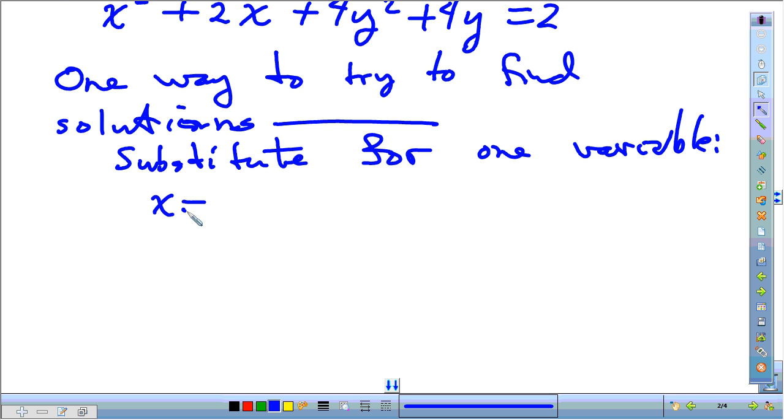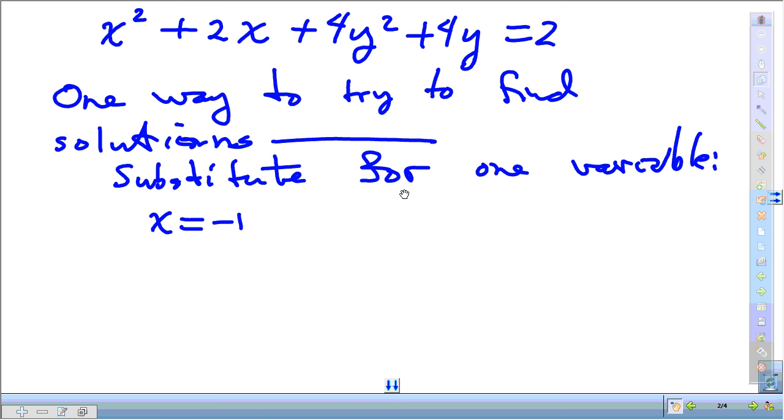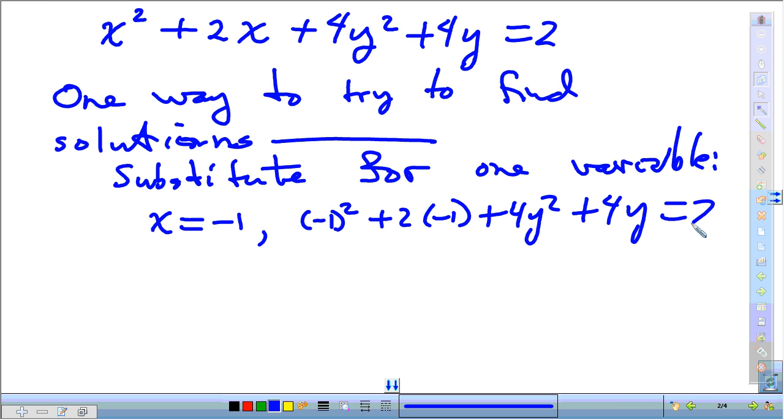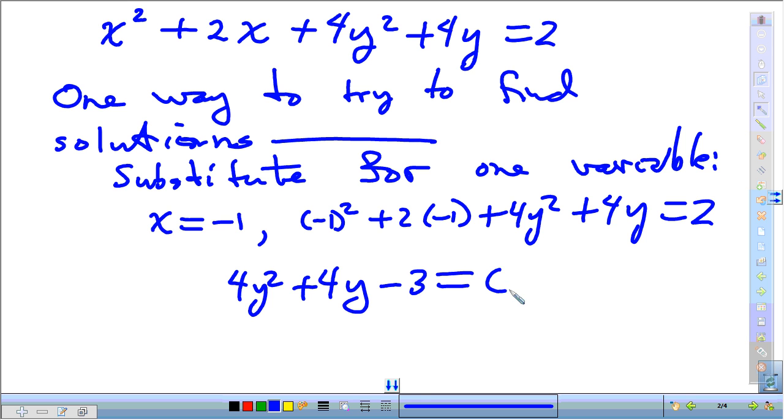So if we took x equals minus 1, then the equation would take the form minus 1 squared plus 2 times minus 1 plus 4y squared plus 4y equals 2. If we combined the constants, we could write this as 4y squared plus 4y minus 3 is equal to 0.